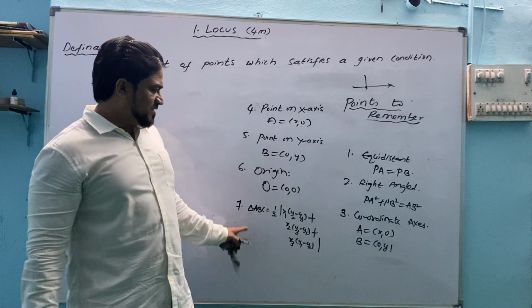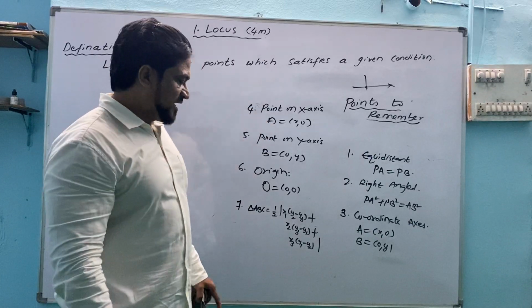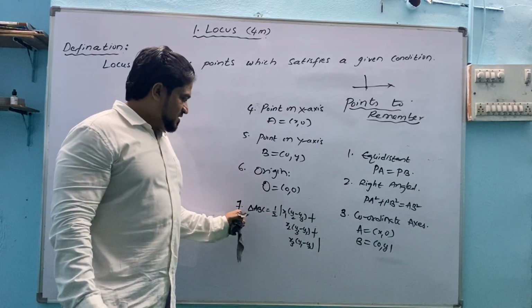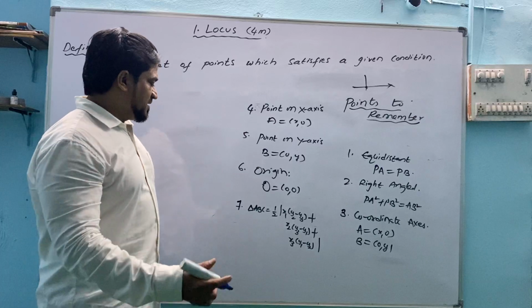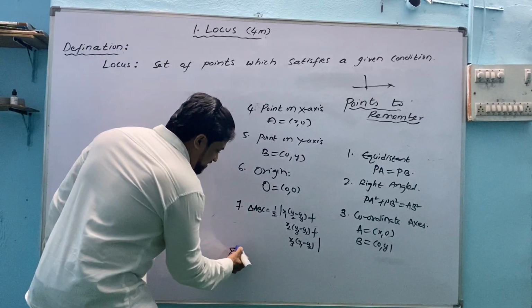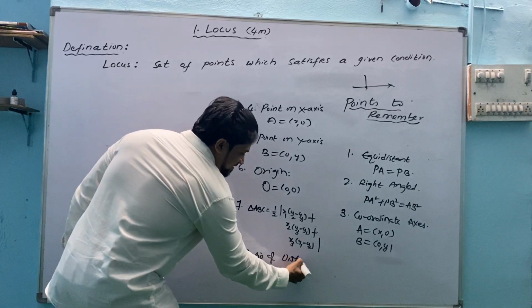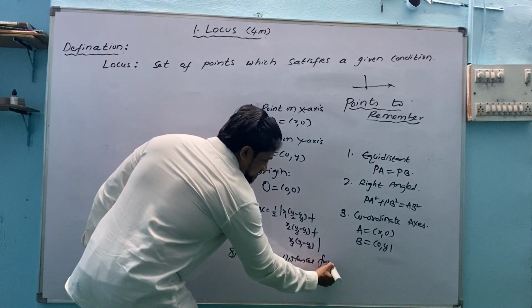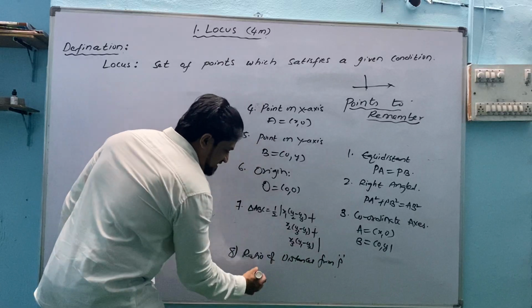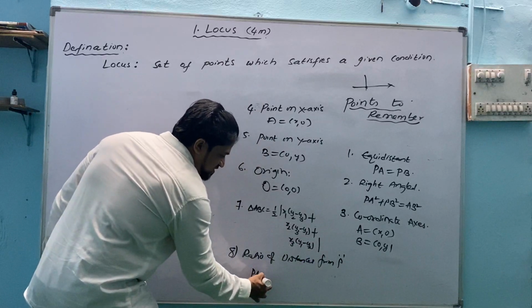That order you can remember. This is modulus. This is the 7th point. And the 8th point which you need to remember is, if a ratio of distances from P is given, you should tell me PA is to PB.